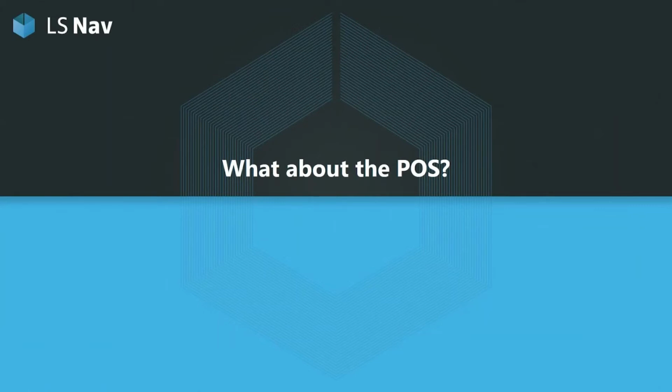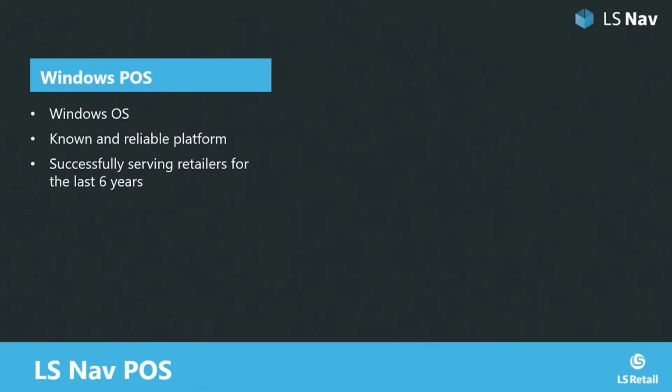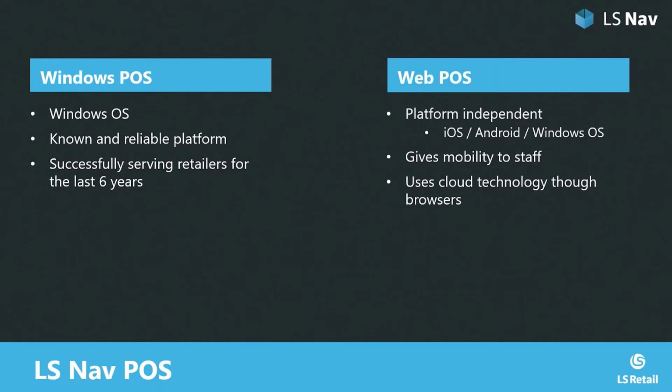What about the POS? We have two flavors of POS in 2018. We have the Windows POS, which runs on Windows OS on PCs, a known and reliable platform, successfully servicing retailers for the last 6 years. Then we have the Web POS, platform independent, running on iOS or other Apple operating systems, Android and Windows OS devices.